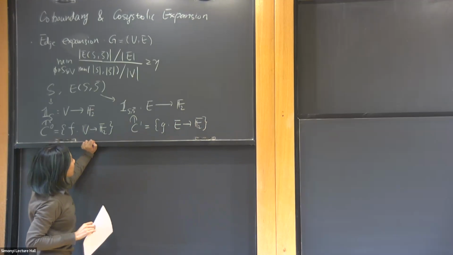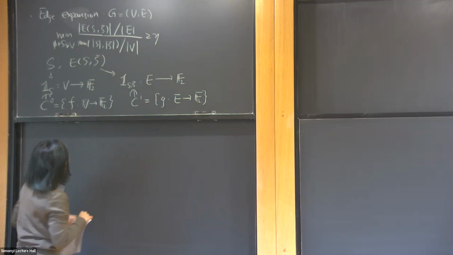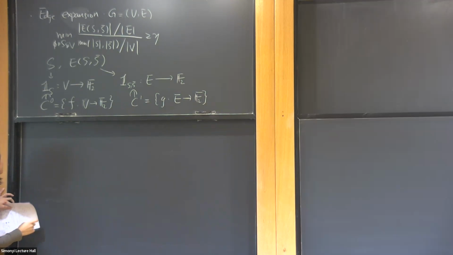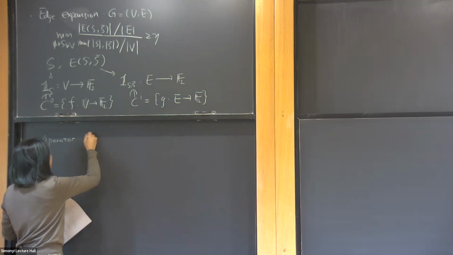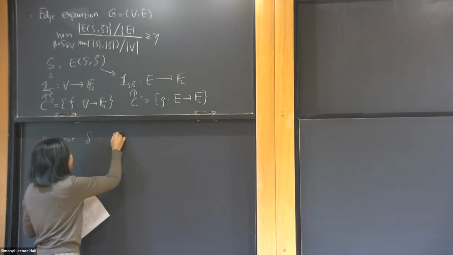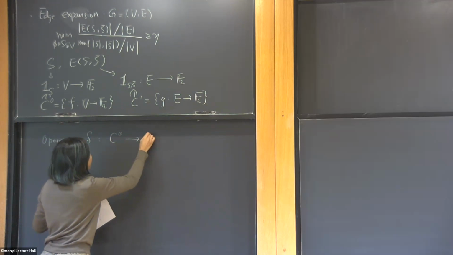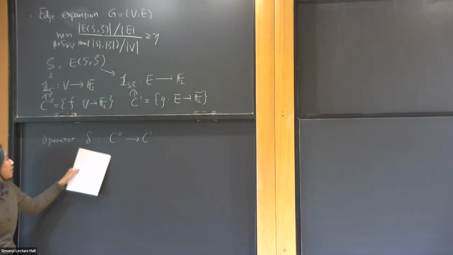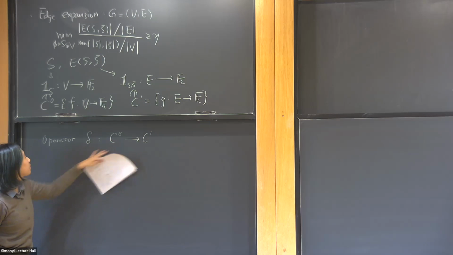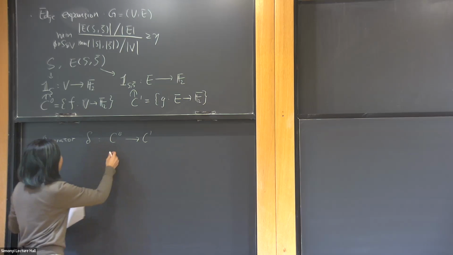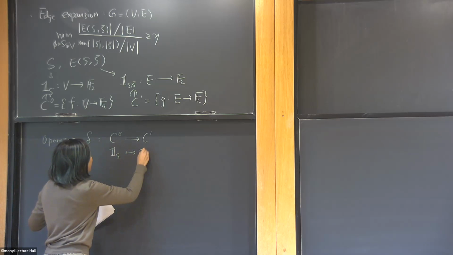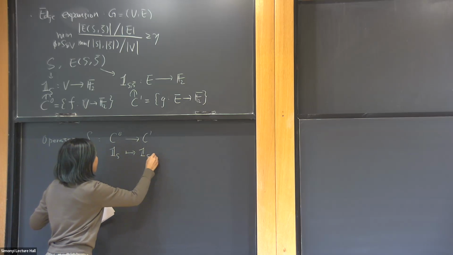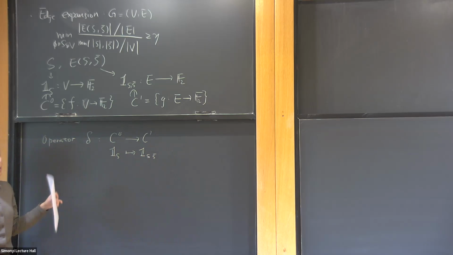The next thing we want to define is an operator, the coboundary operator, which maps functions over C0 to functions over C1. Maybe you can already guess what kind of map I'm aiming for: exactly the one that maps the indicator of S to the indicator of the cut between S and S complement.